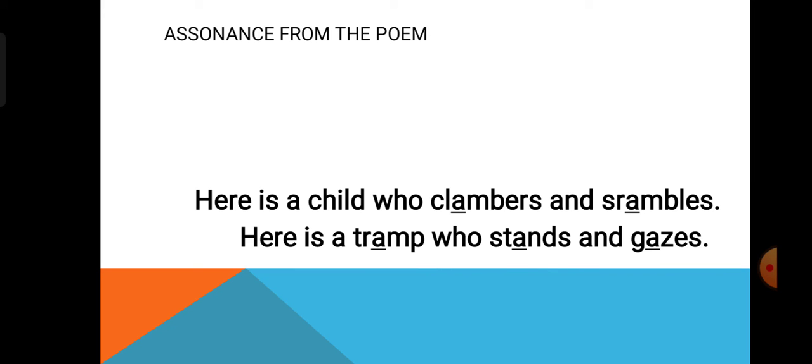Yes, here is a child who clambers and scrambles. There is a tramp who stands and gazes. I've underlined the repeated sounds so that you can note it down in your textbook. So, these lines show how the poetic device assonance is used in this second stanza.